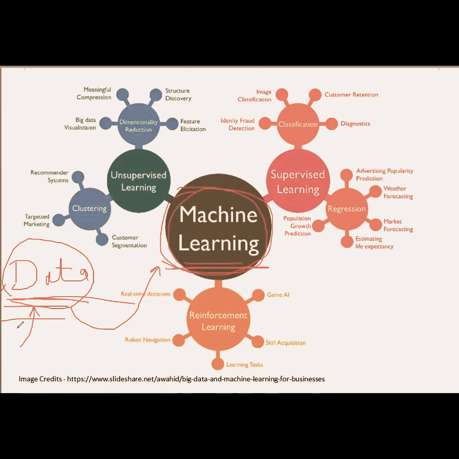Once you have the data, the next step is to talk about machine learning. What is machine learning? Machine learning is when your machine tries to learn on its own some patterns which are hidden inside the data. If the machine can learn all this information on its own, then it can mimic certain behaviors in future on similar kinds of data.